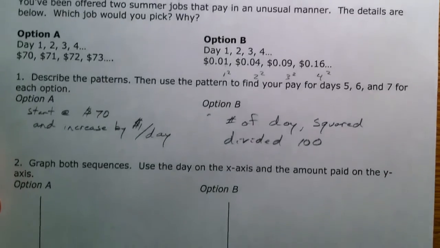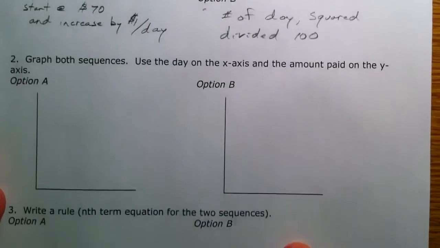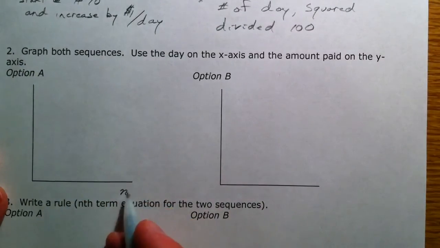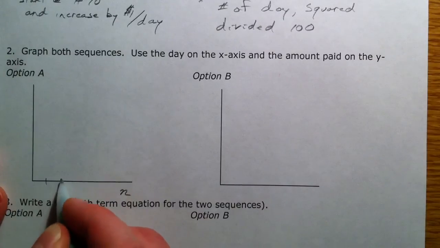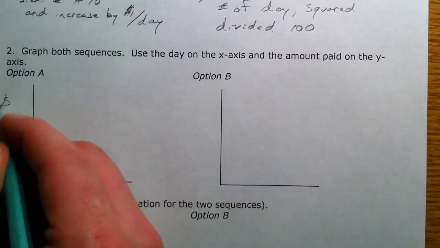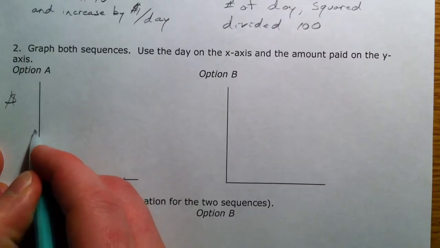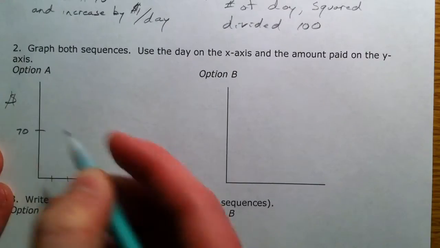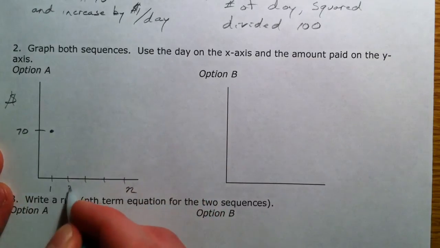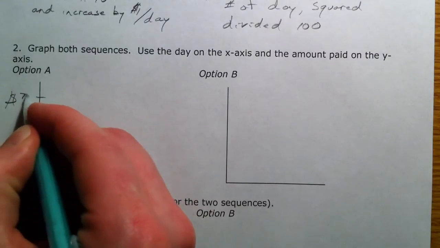So one thing you can do with sequences is that you can graph them. And so if we made our n, the number of term we have, 1, 2, 3, 4, 5 on this side, and we can have the dollars made on this side. So suppose this is 70, the first term, and suppose this is 75 up here.